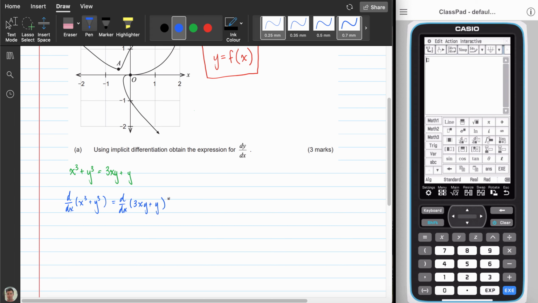Now, like any derivative, we can take the derivative of each individual part of these expressions. So I can have d dx of x cubed plus d dx of y cubed is equal to d dx of 3xy plus d dx of y.